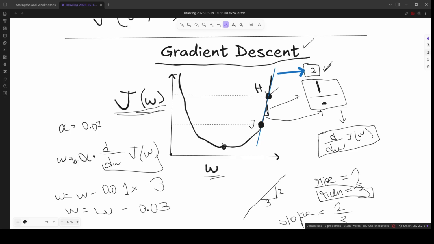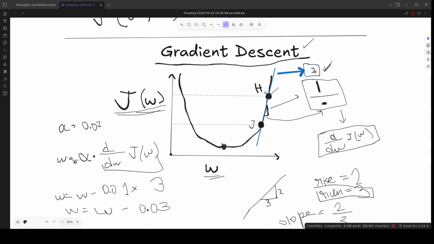In gradient descent, first, let us start off with just one parameter w, which is the weight, for simplicity. J of w denotes the cost and w is the weight. So when we plot the cost with respect to the weight, we get this chart.